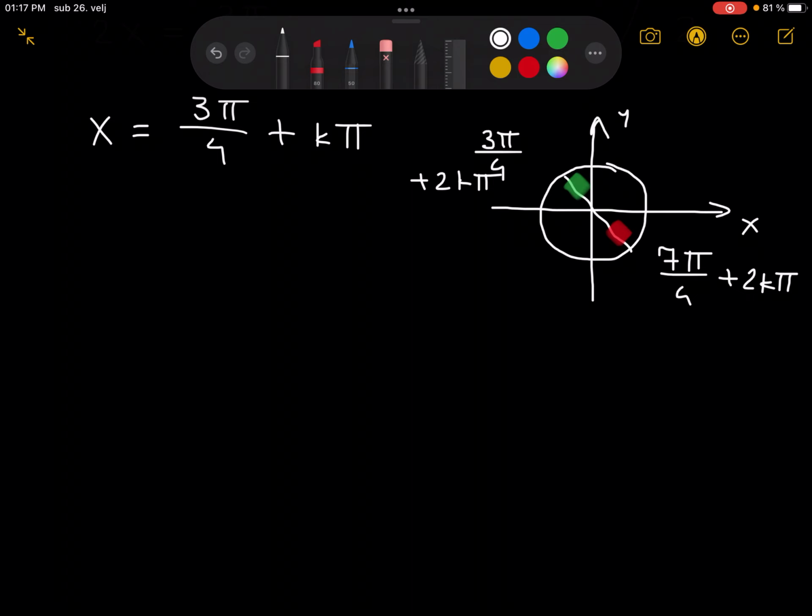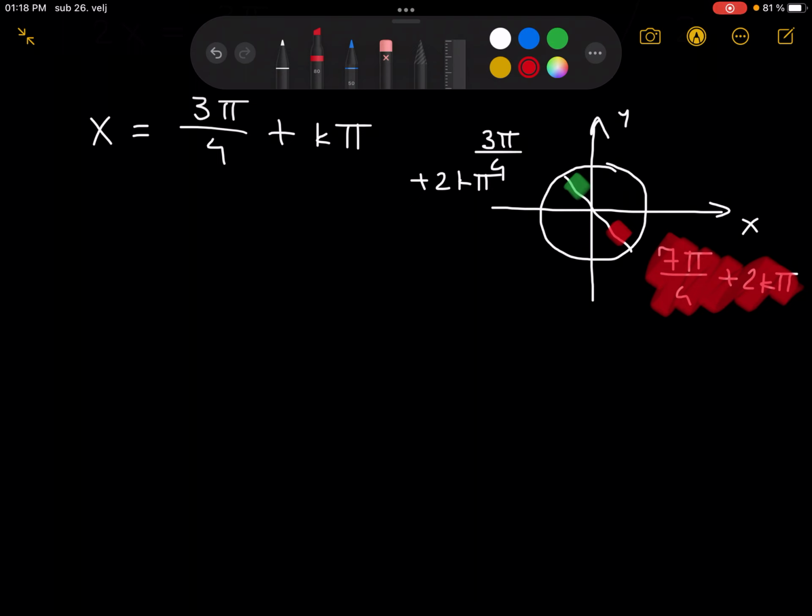So we get this part right here for odd values of k.